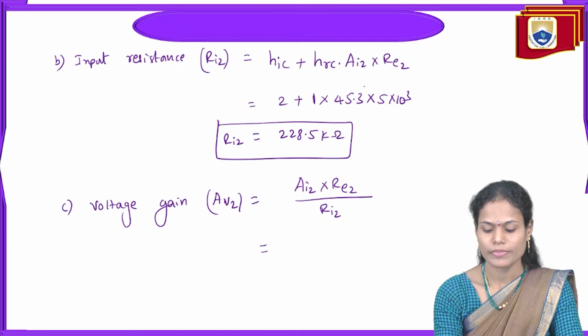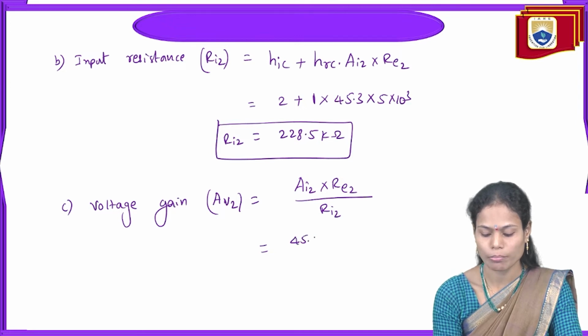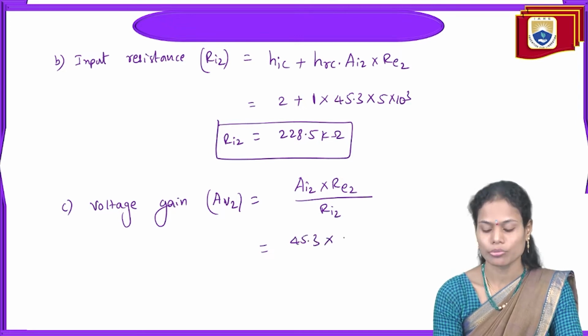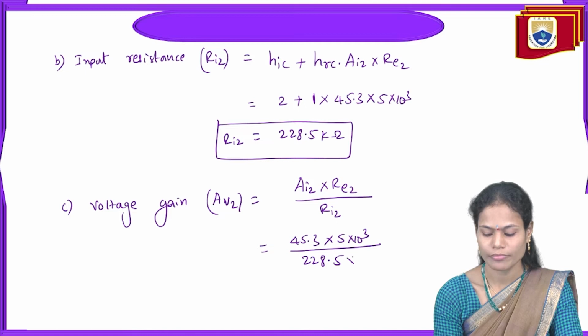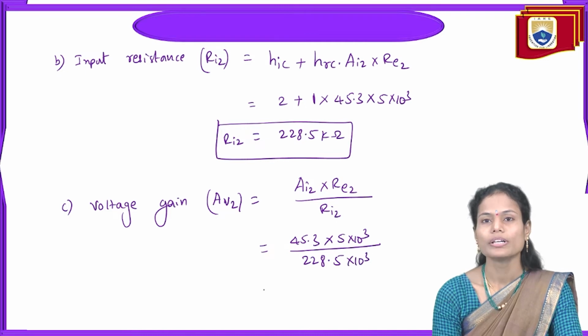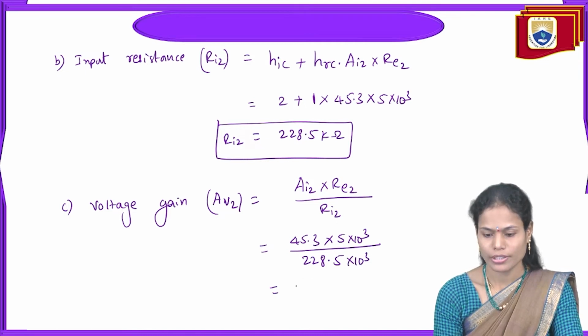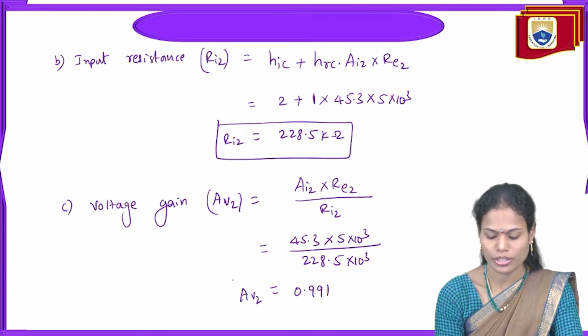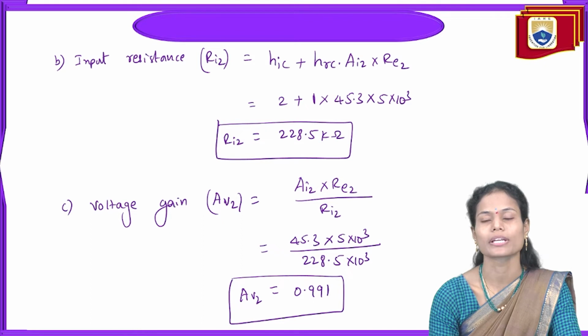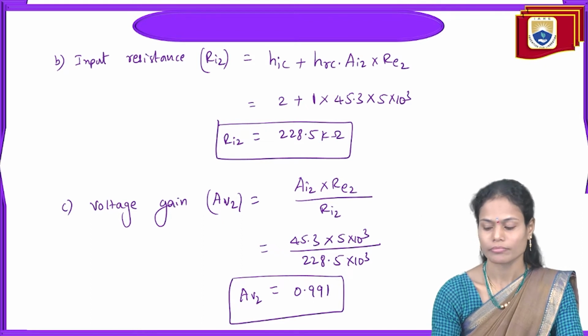In this case, AI2 is 45.3, RE2 is 5 kilo ohms and RI2 is 228.5 kilo ohms. If we simplify it, we will get 0.991 as the voltage gain of the second stage, the common collector stage.